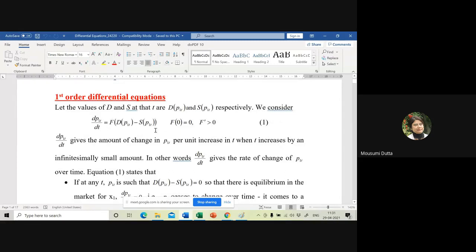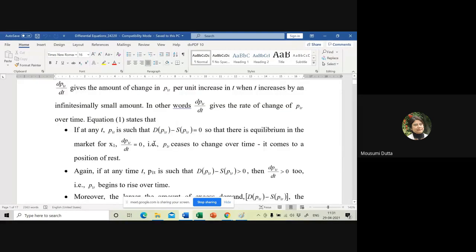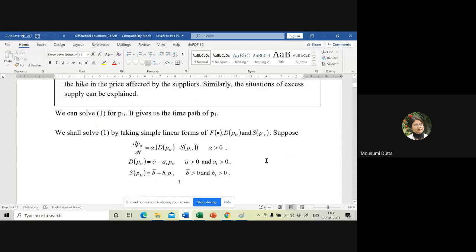Here it is a general format: dp by dt is equal to some function of excess demand. One by one, I'll make the things more formal. I'll consider a linear relation between dp by dt and the excess demand. And in place of d as well as in place of s, I'll bring the linear demand as well as linear supply equations. So we will like to formalize the matters.